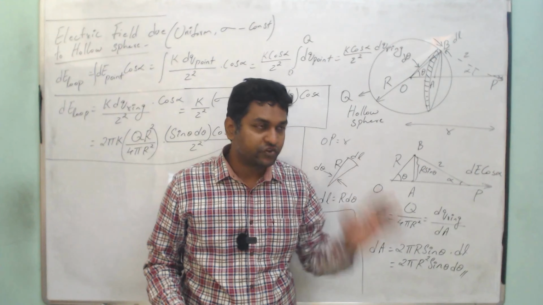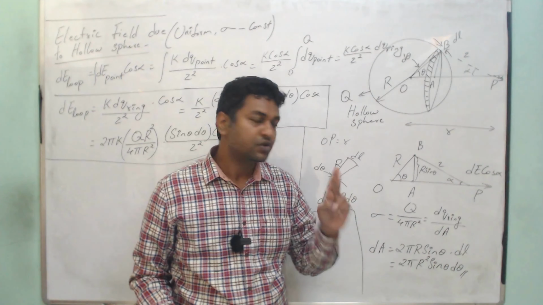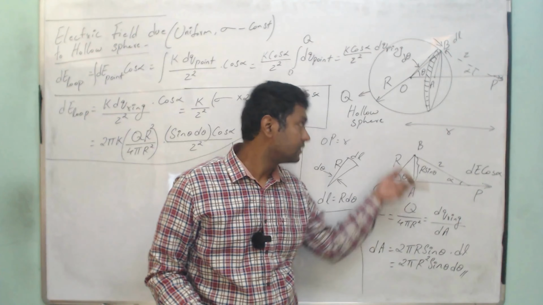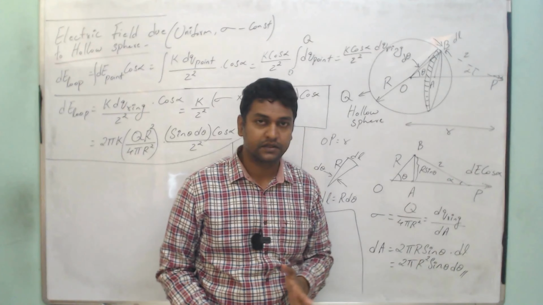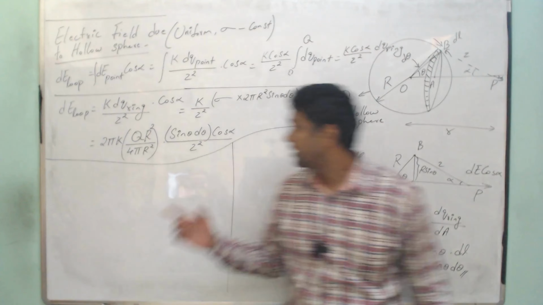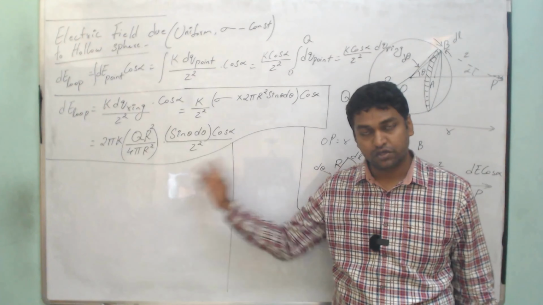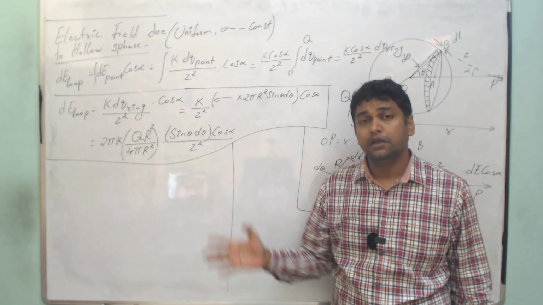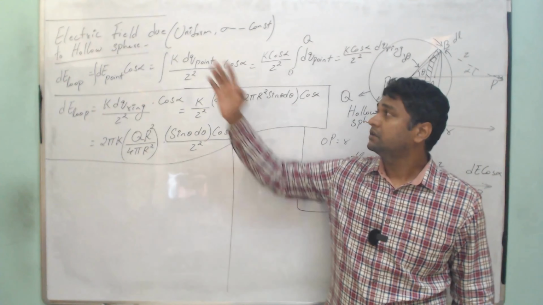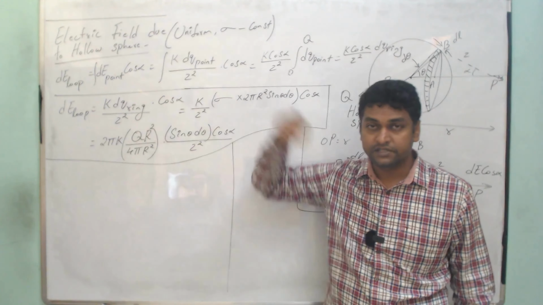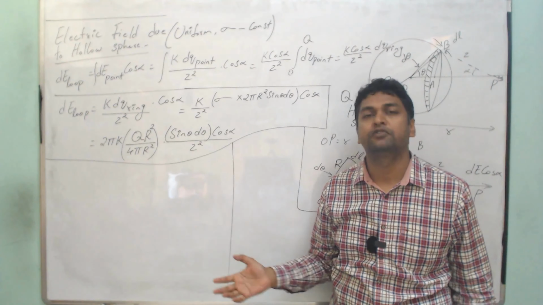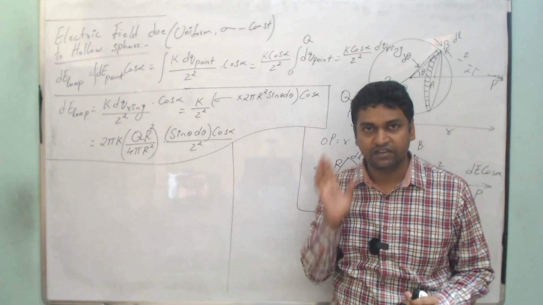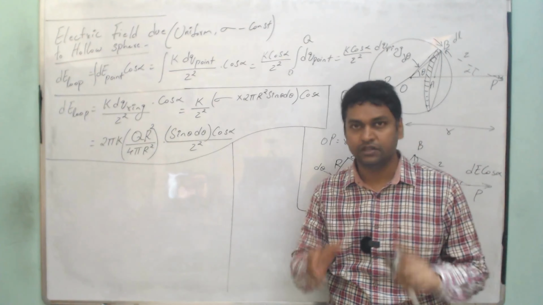So here I have two variables, theta and z, and I have both the variables in my integral. Till whatever we have learned, we prefer to bring everything in terms of one variable, either z or theta.